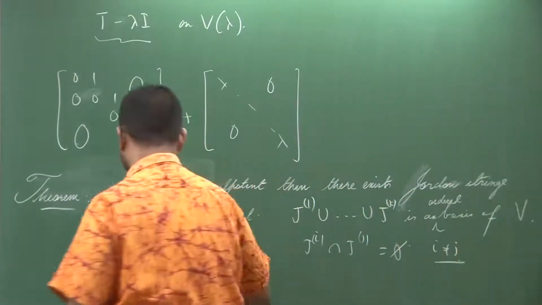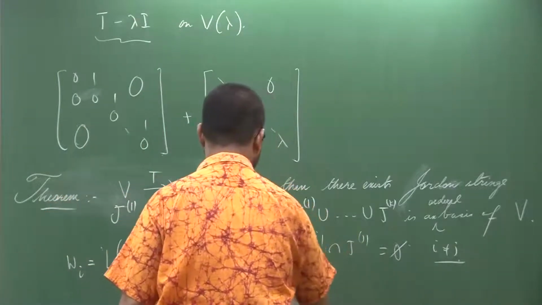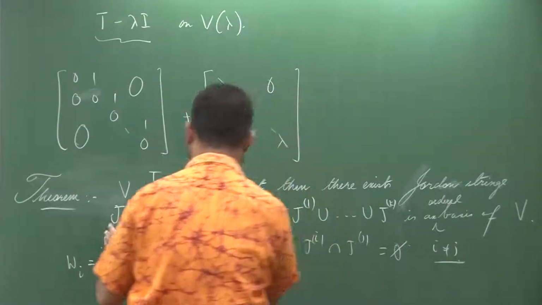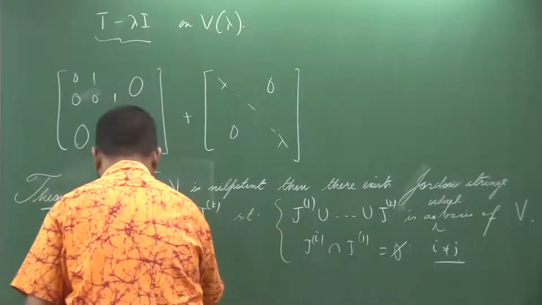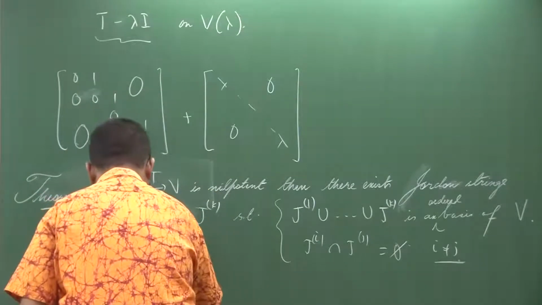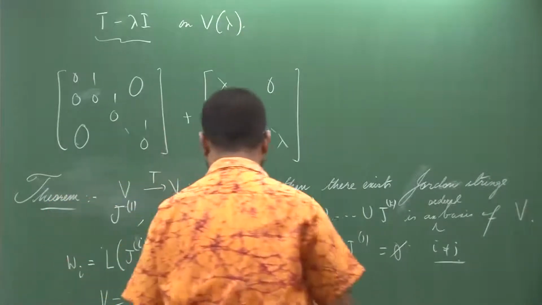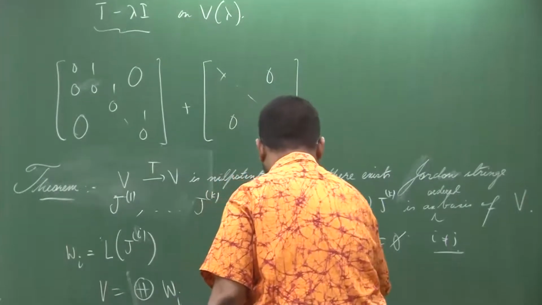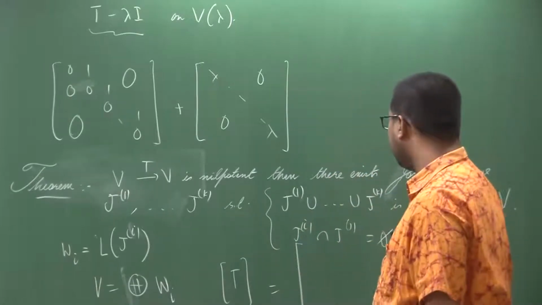So if I call this Wi, then since this is a basis, it forms a partition. Therefore V becomes the direct sum of the Wi's, and the matrix of T with respect to this basis is in a very usual form.